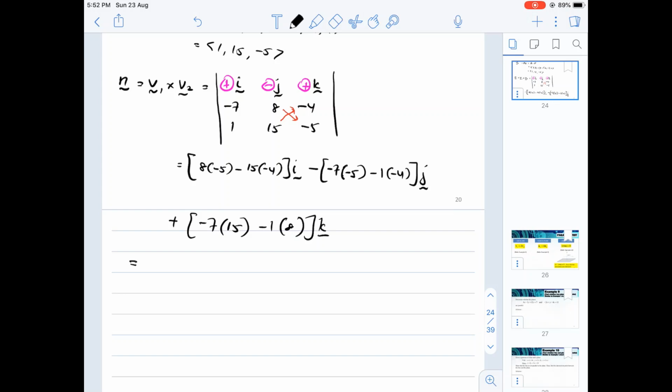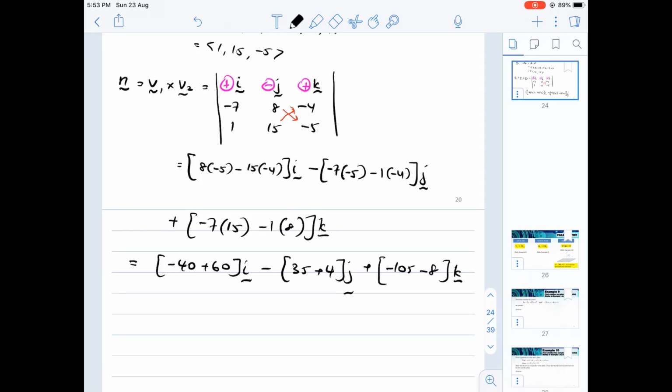So we have -40 plus 60i, minus 35 plus 4j, and then plus negative 105 minus 8k.